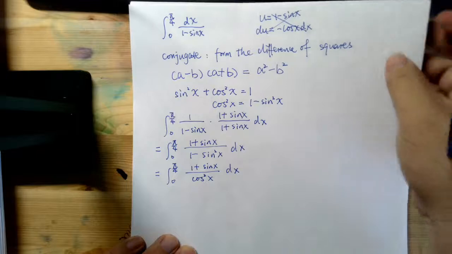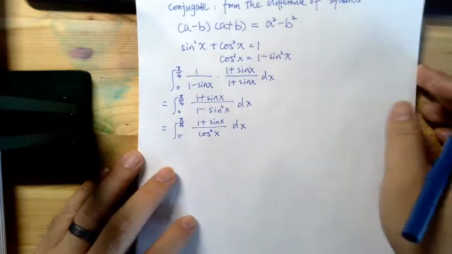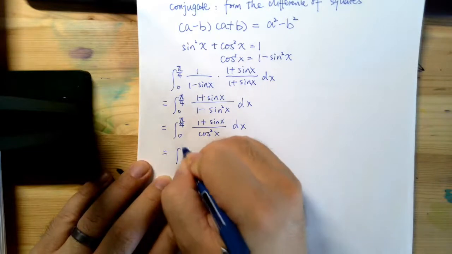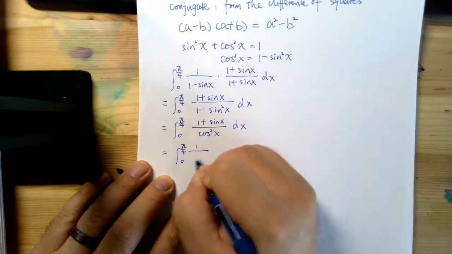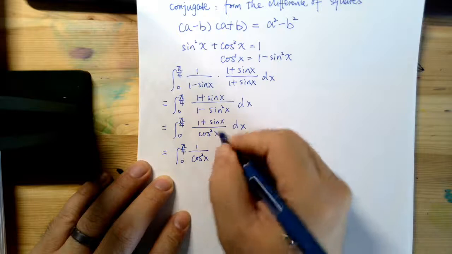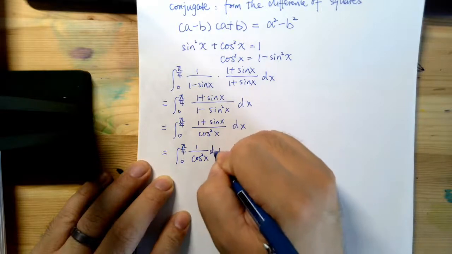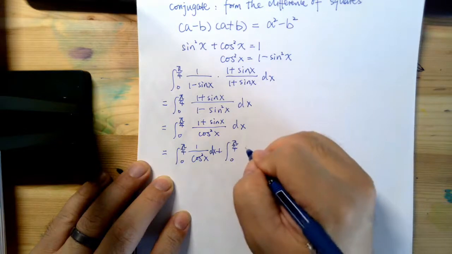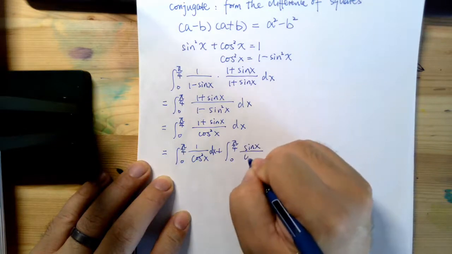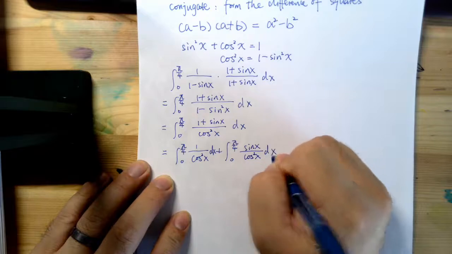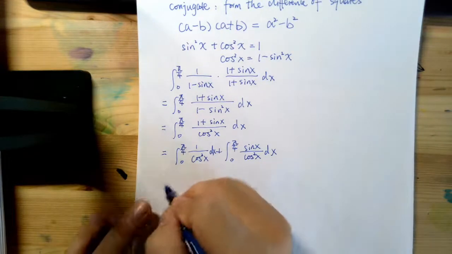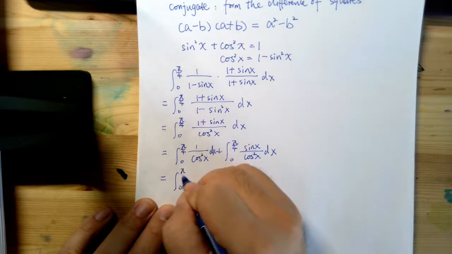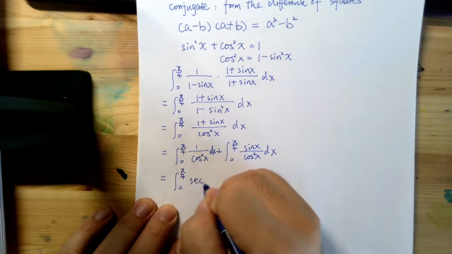Up to here, things look much better, because we can split it into the integral from 0 to pi over 4 of 1 over cosine squared x dx plus the integral of sine x over cosine squared x dx. And 1 over cosine squared is actually secant squared.